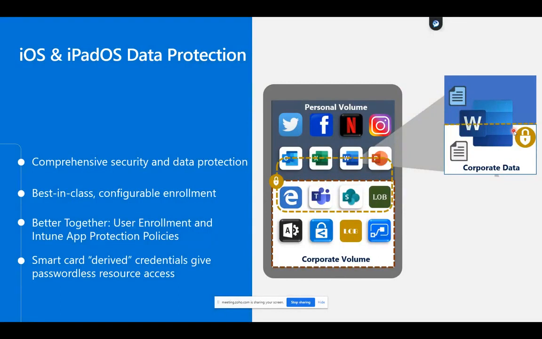It not only offers you the application and the device management, it also offers you something called data protection. So when I say data protection, let's say for example, I am talking over here about an application called Microsoft Word, as you can see in the illustration. In this Word application, I might open a file which is corporate data, and at the same time, in the same application, I might also open a file which is personal data.